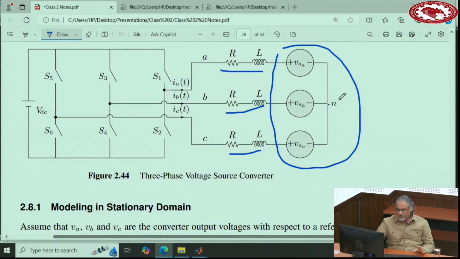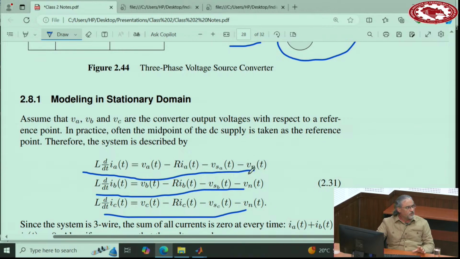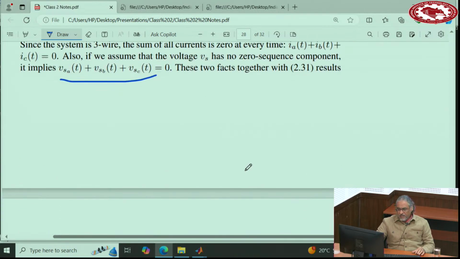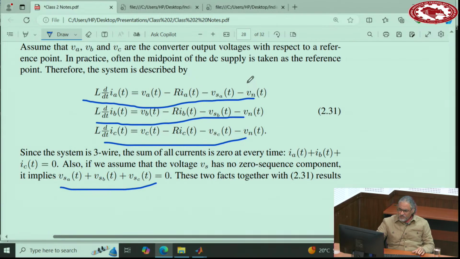If it has 0 potential, we can remove it from the equations. And then if you remove all these three from the equations, you will see that this equation is separate from this equation, from this equation. All three equations are separate.